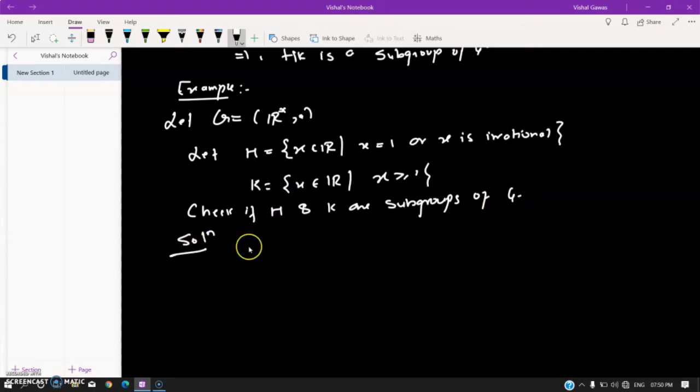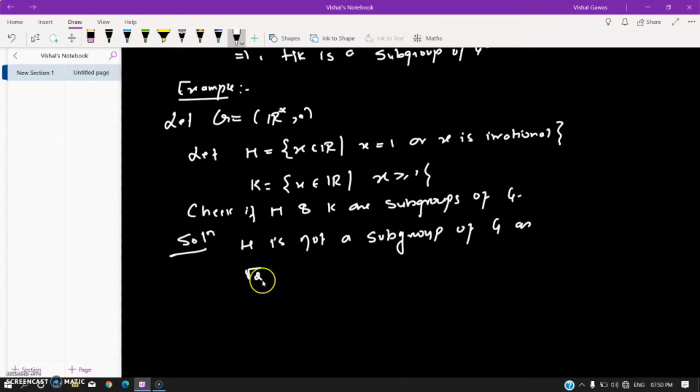Solution is straightforward. You can directly see that H is not a subgroup of G, as it's not closed with respect to taking products.